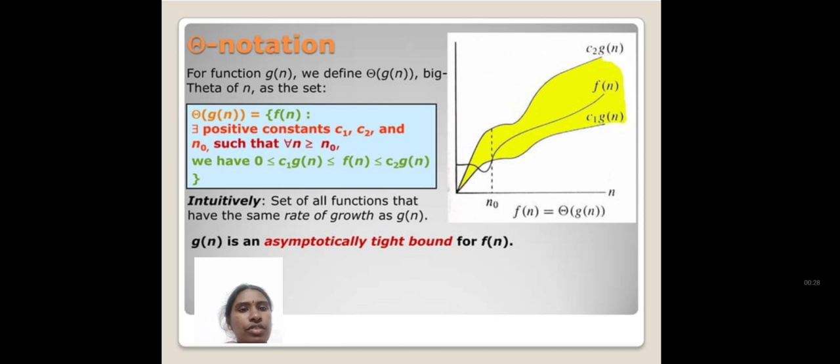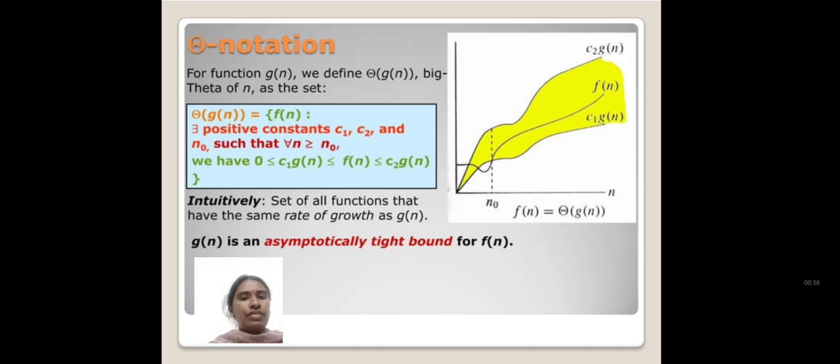The general definition of Big-Theta notation: a function f of n is said to be in theta of g of n, denoted f of n belongs to theta of g of n, if f of n is bounded both above and below by some positive constant multiples of g of n for all large n.